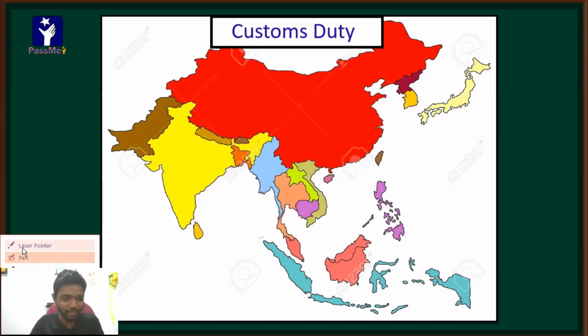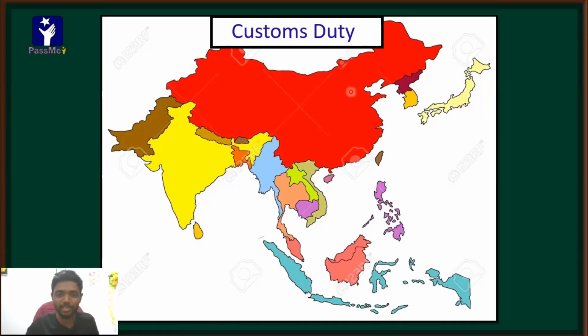I will use this map for understanding the more important points, because most of the time the mathematics teachers don't like to use the map. But I'm trying to give you some idea of what happens with this customs duty.